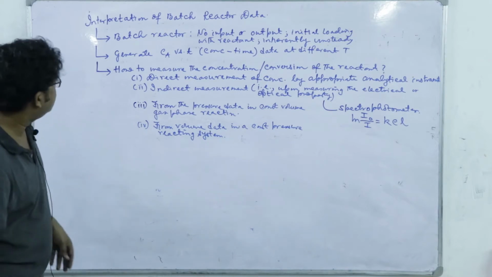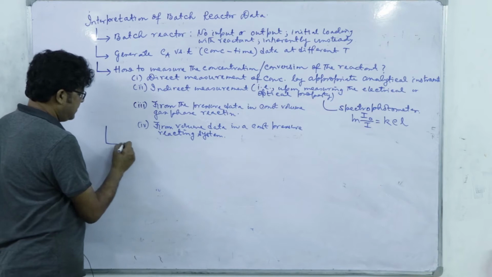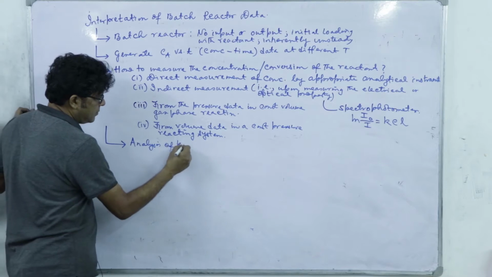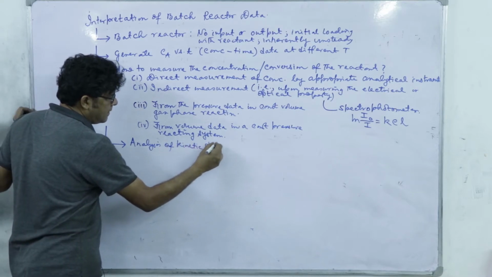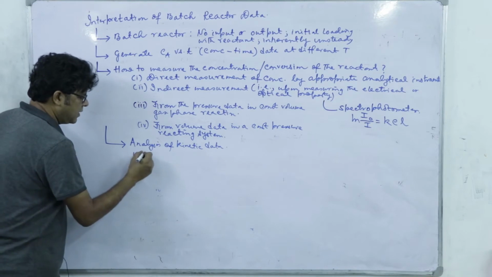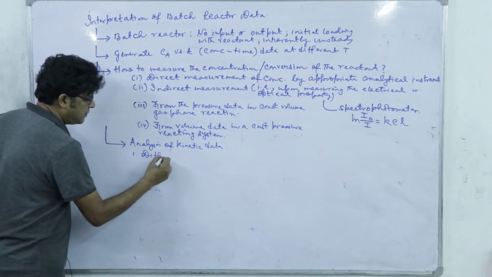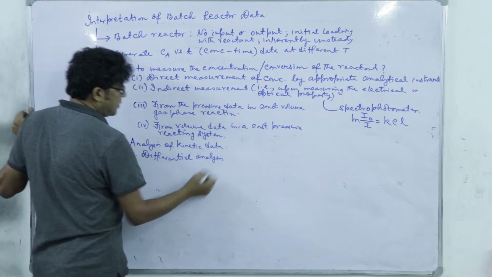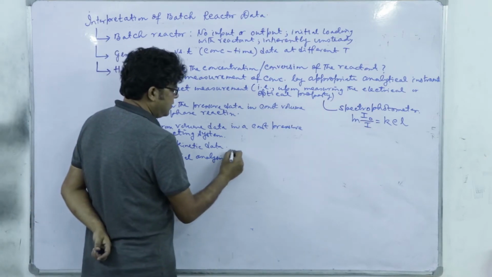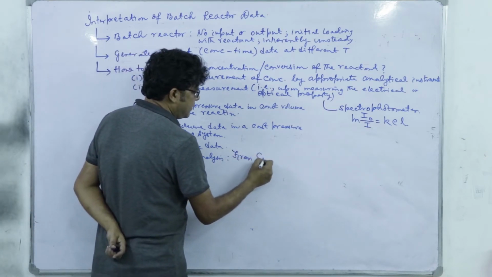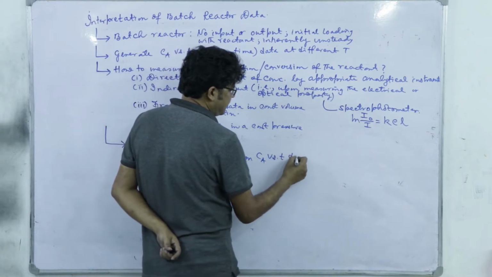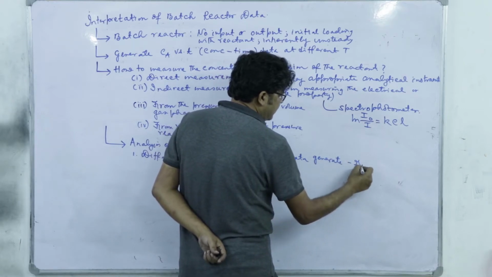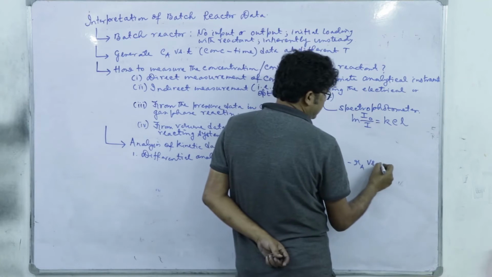Next, how to analyze the kinetic data. There are two approaches. First is known as differential analysis. In differential analysis, from CA versus t data, generate minus rA versus CA data.